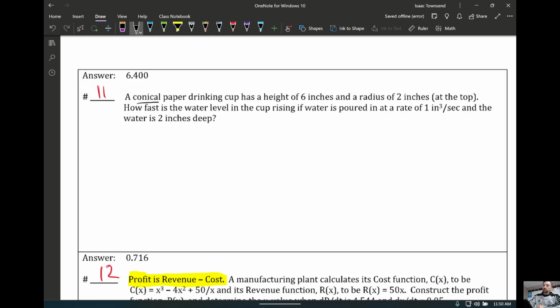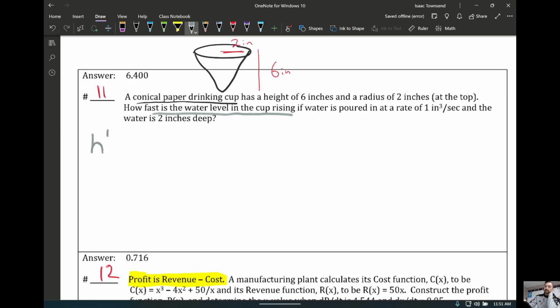So conical paper drinking cup. Conical, fancy word for cone. This guy has a height of 6 inches and a radius of 2 inches at the top. How fast is the water level in the cup rising?